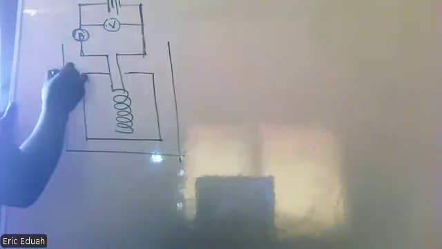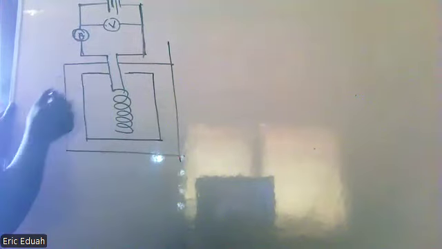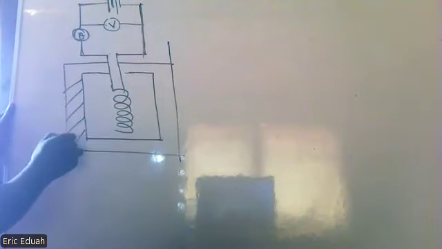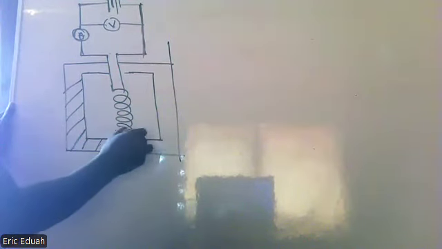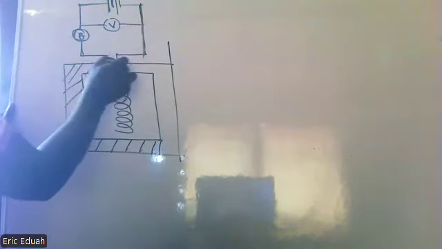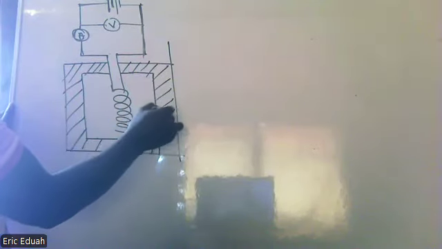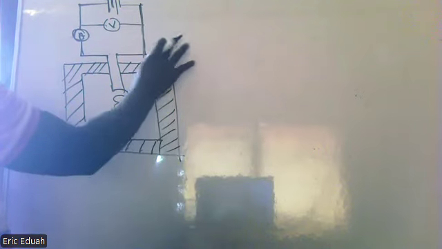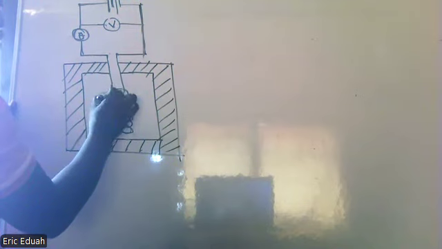We still have a calorimeter as this, well lagged so that we minimize heat loss. Well lagged calorimeter. So this is an immersion heater, the heater we use in our homes.